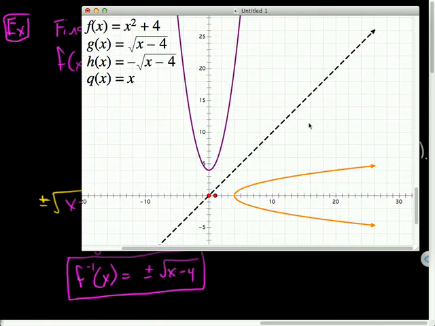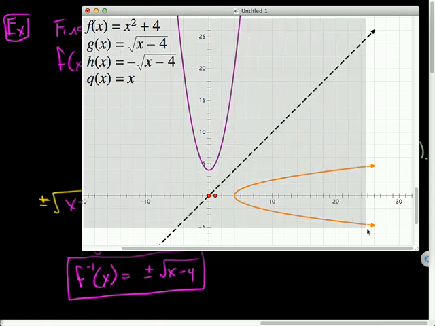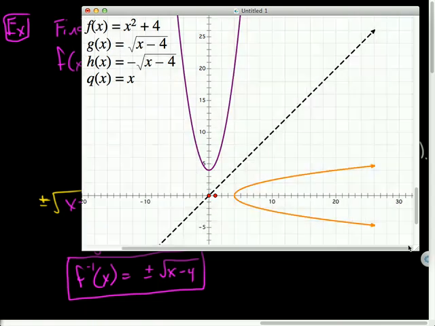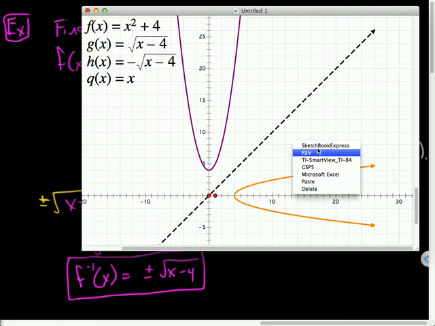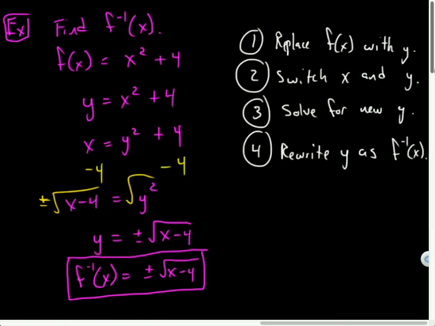So a thing of beauty right there. I might even grab a snapshot of this. But yeah, the plus or minus had to account for the fact that it couldn't be graphed without breaking it into two parts. The top half of this was a function, and the bottom half was a function, but together they could only be a relation because they'd fail the vertical line test.